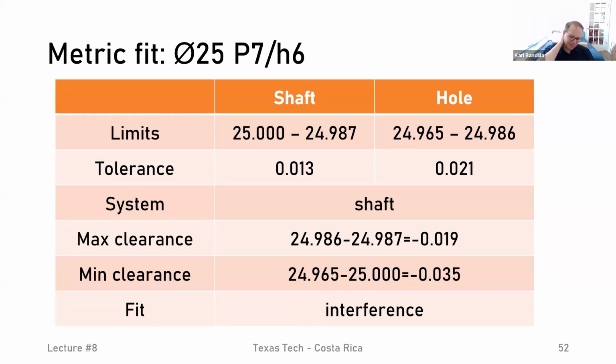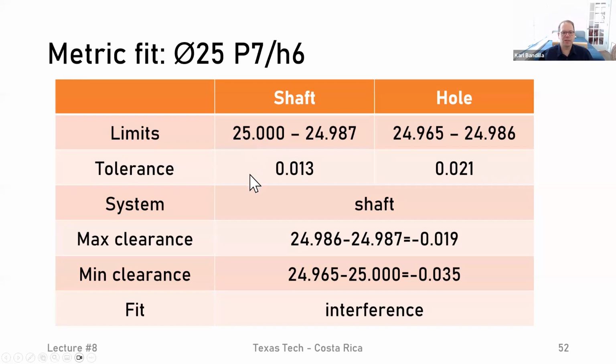Now, from a formatting standpoint, remember that we're now with inches, so we no longer have to get rid of our leading zeros, right? If we have 0 point something, we have it right there. But the same as for the metric ones, for the inches ones, we have to make sure that all of our digits after the decimal point are consistent, right?